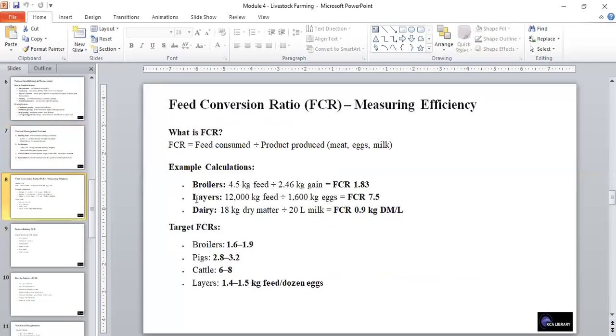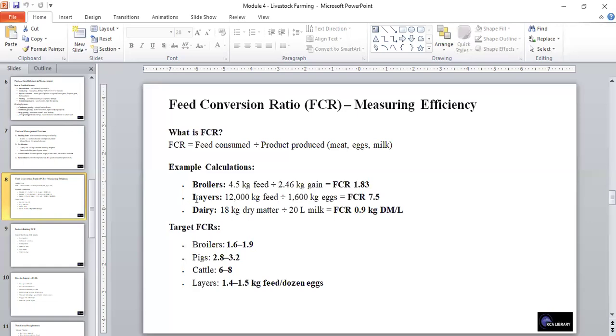Feed conversion ratio. Measuring efficiency is crucial, and feed conversion ratio is a means to do that. The formula is feed consumed divided by product produced. Example of calculation: for broiler, 4.5 kg feed divided by 2.46 kg gain will give a feed conversion ratio of 1.83.